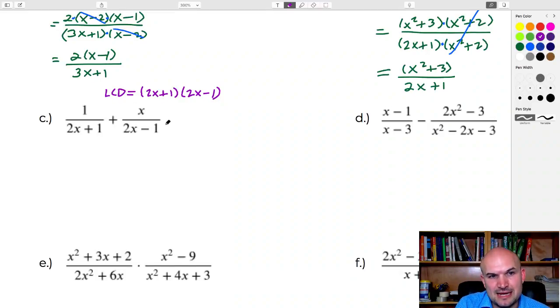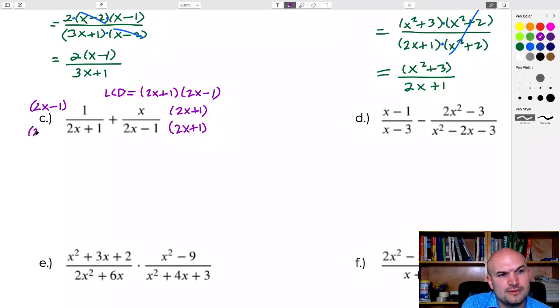So to get my common denominator, I need to multiply by 2x plus 1 on this fraction. Make sure you multiply that on the top and the bottom to produce equivalent fractions. Over here, I need to multiply by 2x minus 1. Now, to save myself some time, you can see that these have common denominators. So I'm going to keep the common denominator and just apply my numerators.